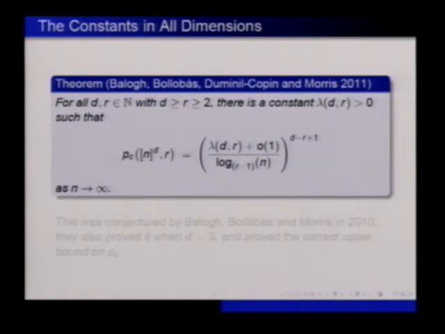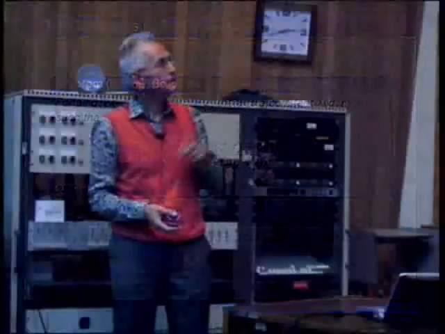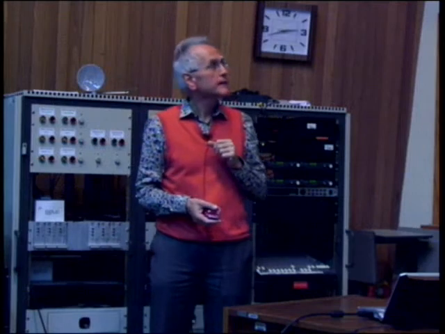we have got this recent result which tells us that for every dimension D and every R fixed, the critical probability of percolation in R-neighbor bootstrap percolation on the n to the D grid, now D is fixed and n goes to infinity, is about this constant over log iterated R minus 1 times raised to D minus R plus 1.